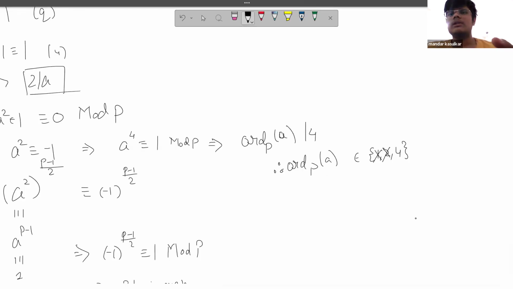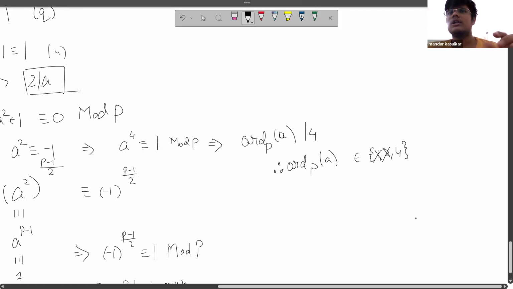Others like Ashutosh, Advik, Keshav, Arsh, feel free to speak up. Because a squared is congruent to -1, the order can't be 2. Yes, precisely. And obviously it can't be 1, because a squared is congruent to -1 modulo p.